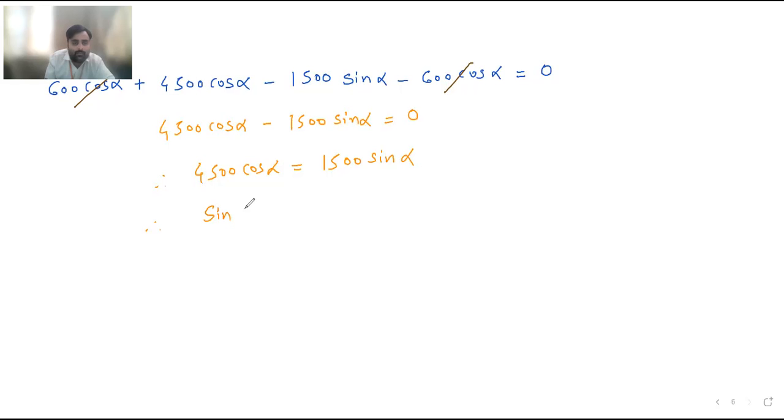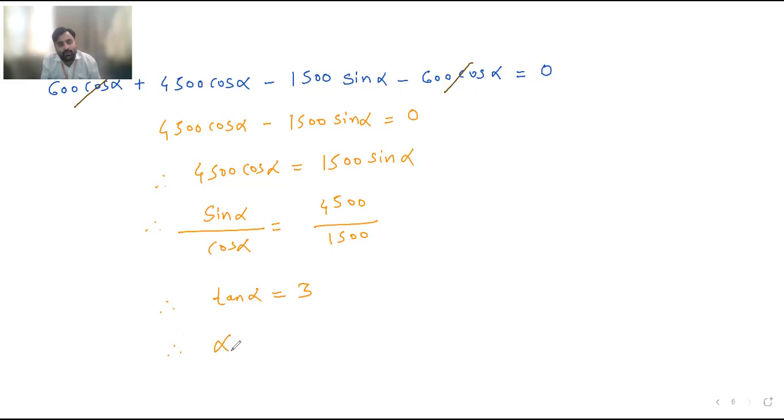Therefore sin alpha upon cos alpha is equal to 4500 divided by 1500. Therefore, what is the answer? Tan alpha is equal to 3.